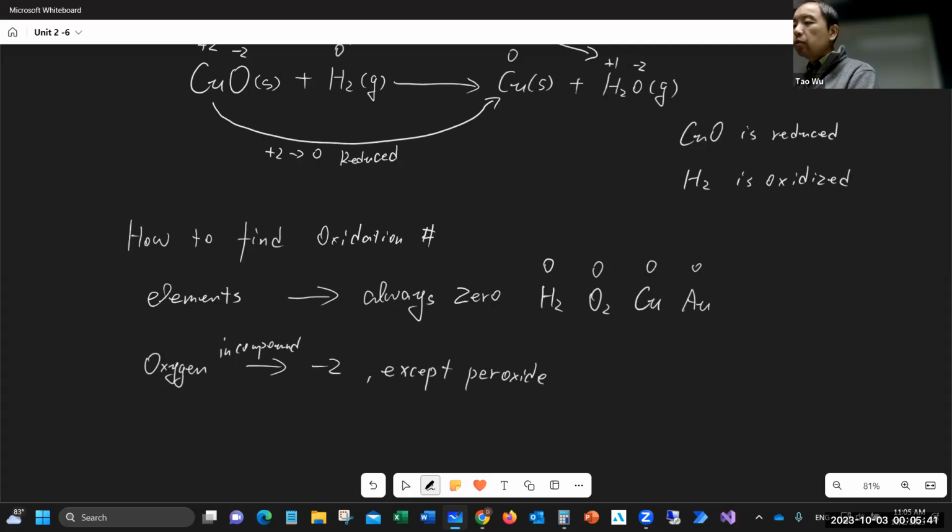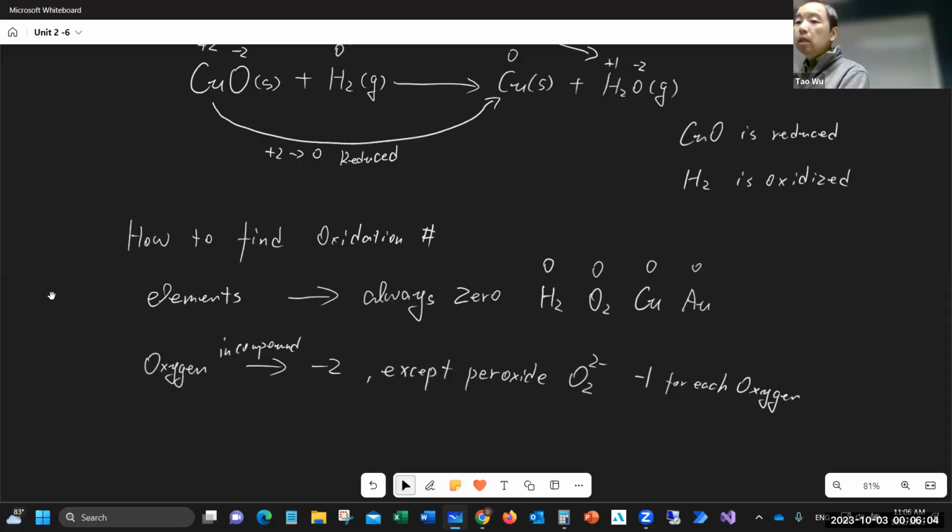The peroxide is written like this. This is peroxide. For peroxide, it's -1 for each oxygen. But I'm not going to write the peroxide for you, so you can just remember oxygen is -2.